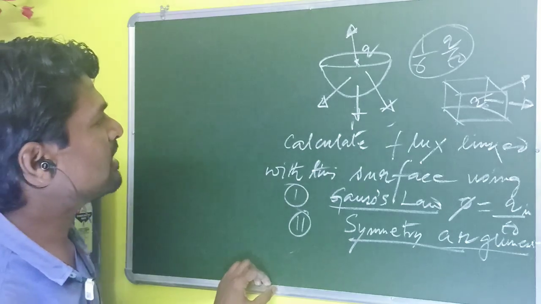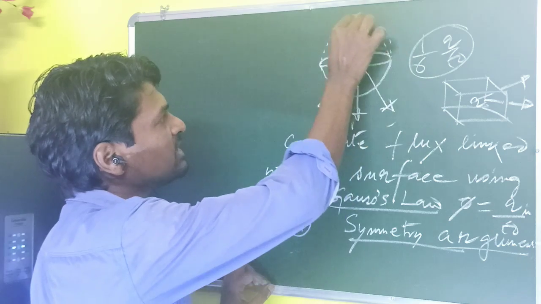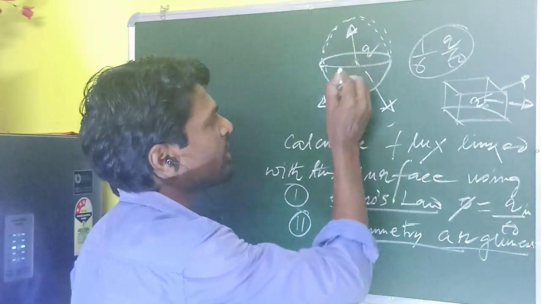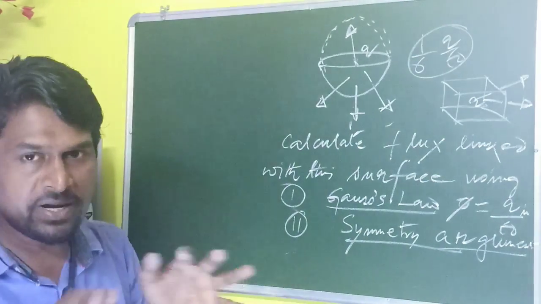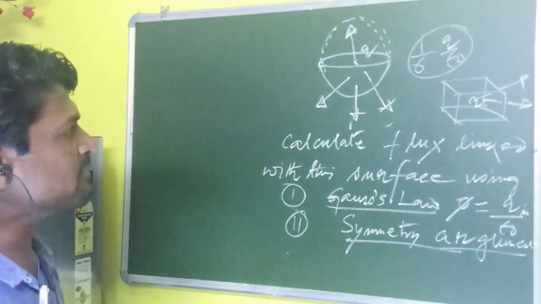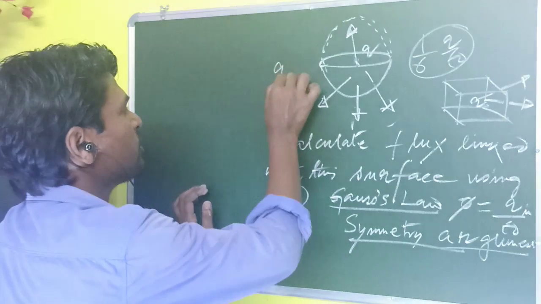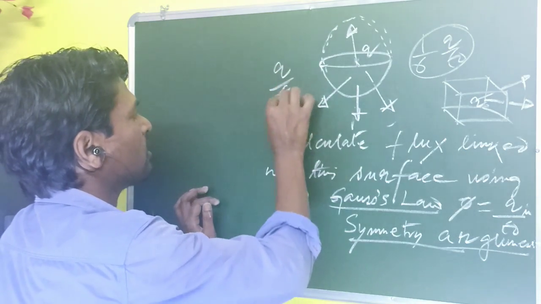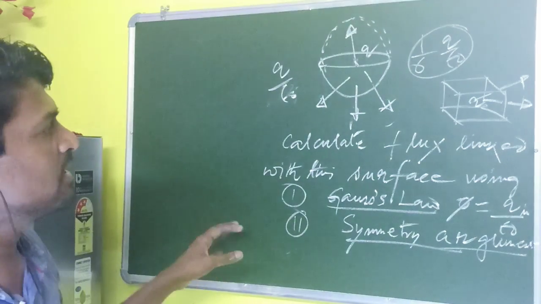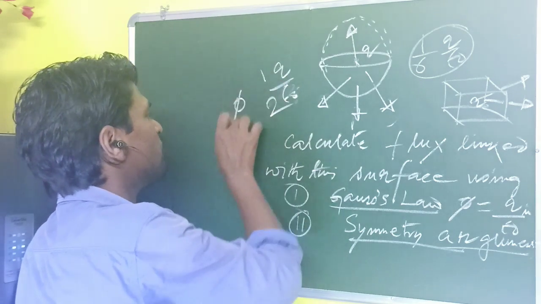But here you can apply the symmetry argument, because if you imagine a Gaussian surface, a closed surface, a sphere, then this is the center point at a symmetrical position. If we calculate the net flux through this closed surface, it is Q by epsilon naught, but the half portion is not there, so you can easily write the flux as half of Q by epsilon naught.